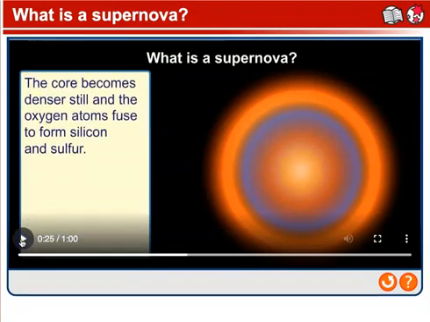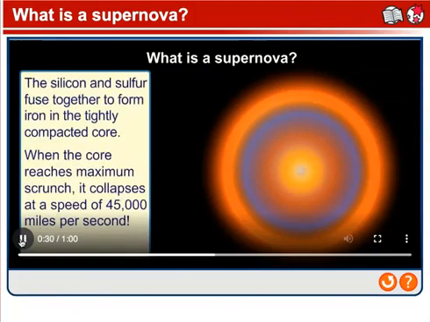The core becomes denser still, and the oxygen atoms fuse to form silicon and sulfur. The silicon and sulfur fuse together to form iron in the tightly compacted core.